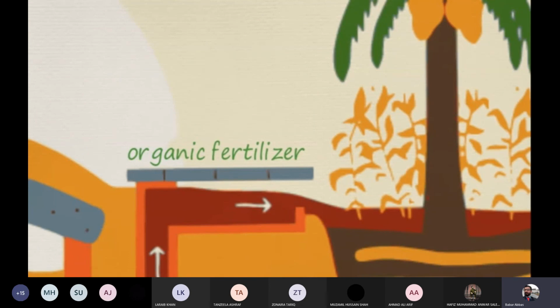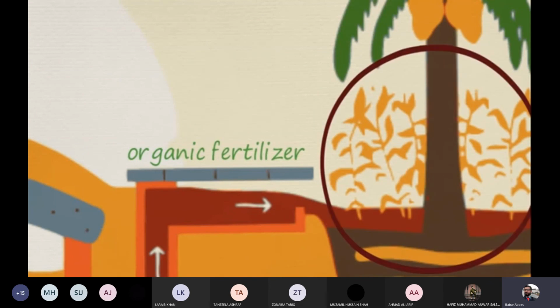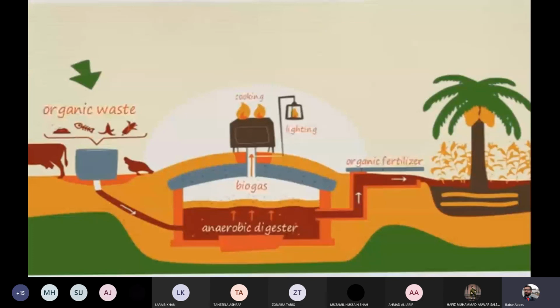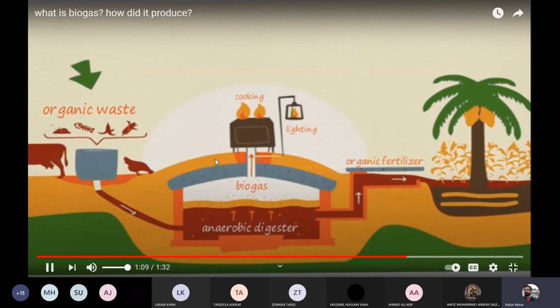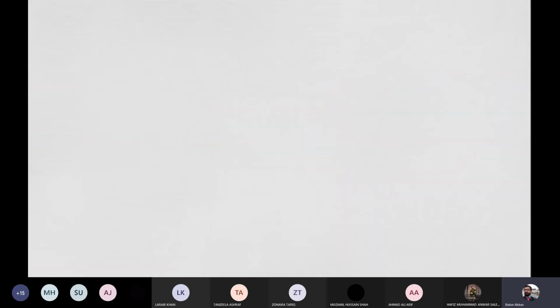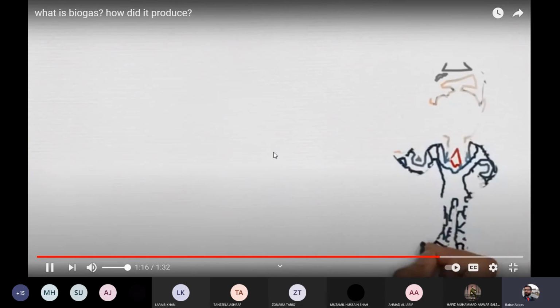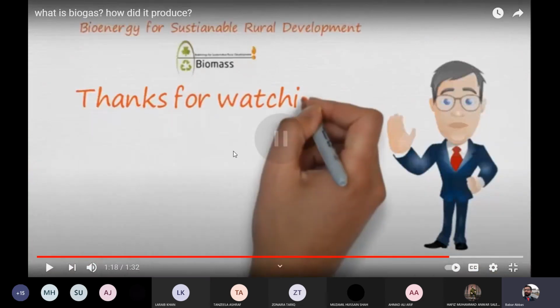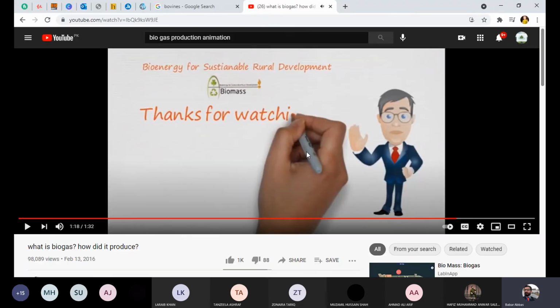You can always see the benefits of the organic waste to the biogas as well as to the fertilizer or the natural soil conditioner. This was the shortest elaboration in terms of biogas production, and obviously we can have a lot more elaboration in terms of the biogas setup.